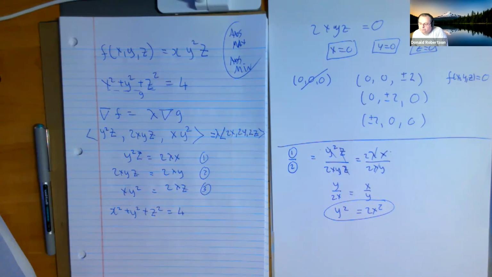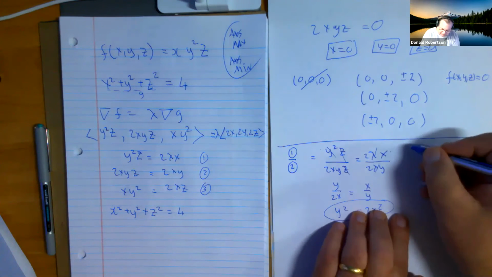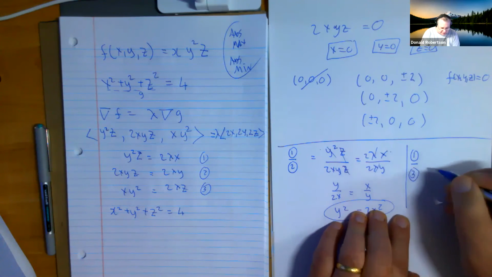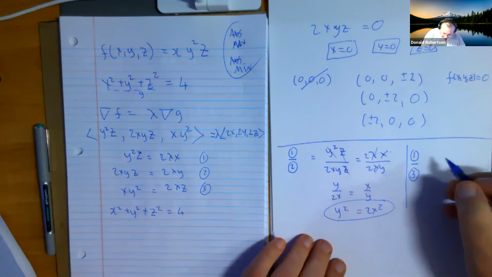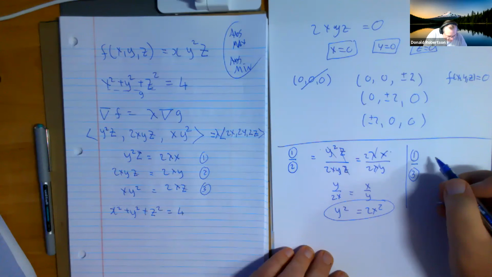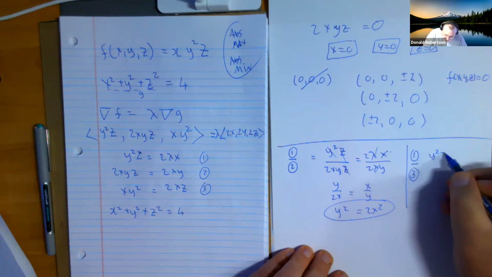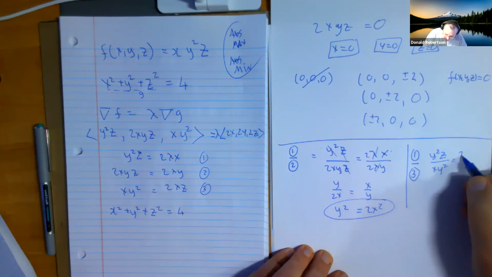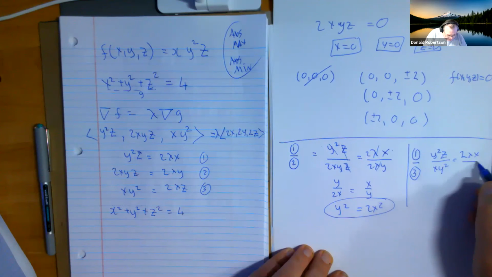Okay? We cool with that, guys? Now, if you take equation 1 and divide it by equation 3, so the top one divided by 3, what do we get? We get y squared z over x y squared equals 2 lambda x over 2 lambda y.